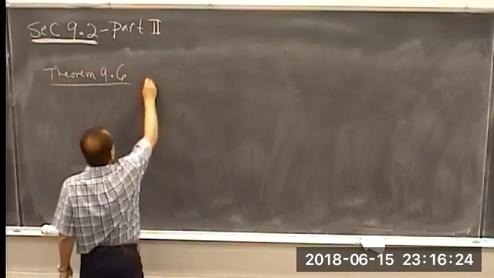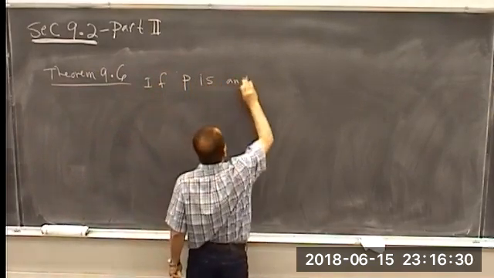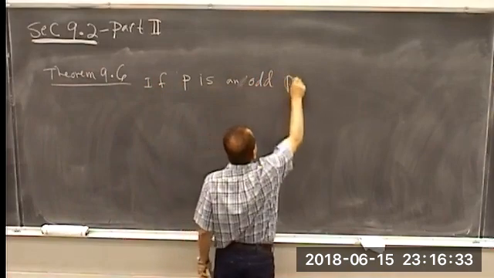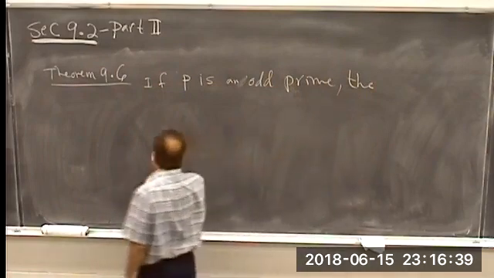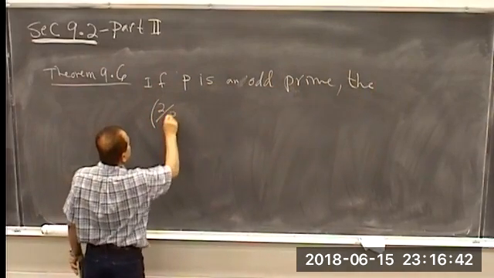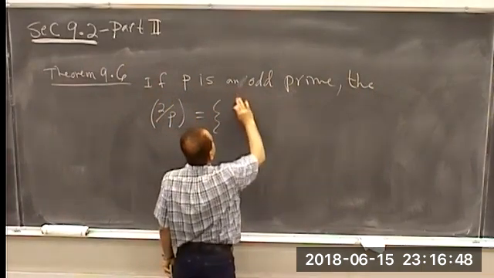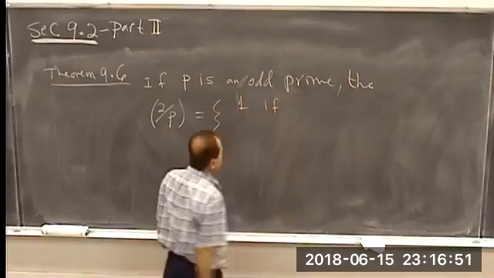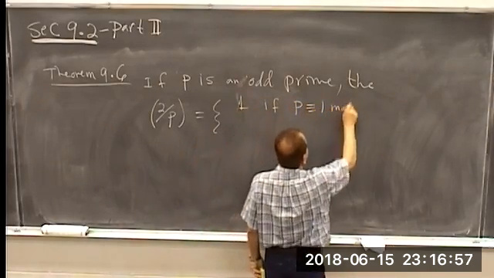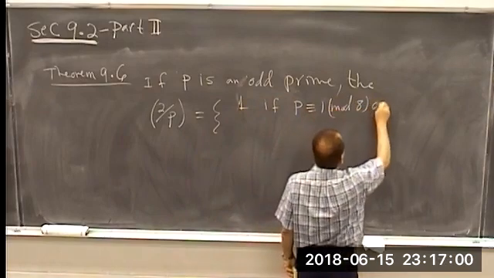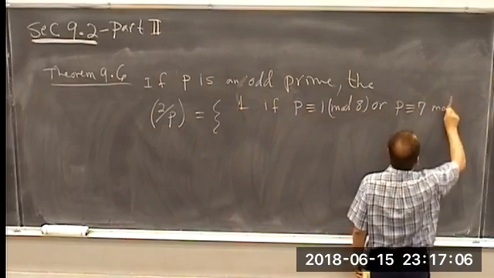If P is an odd prime, then the Legendre symbol of 2 over P is equal to 1 if P is congruent to 1 mod 8 or P is congruent to 7 mod 8.